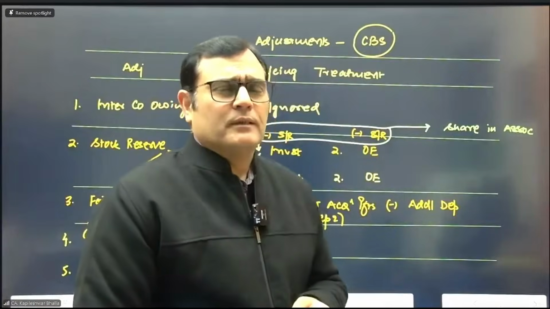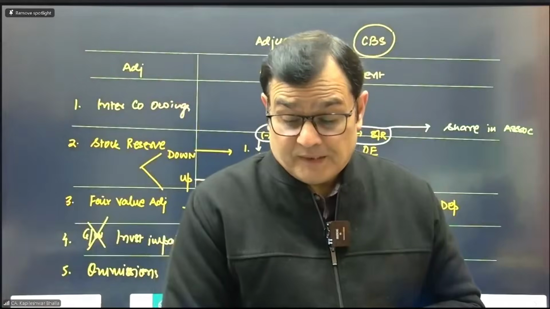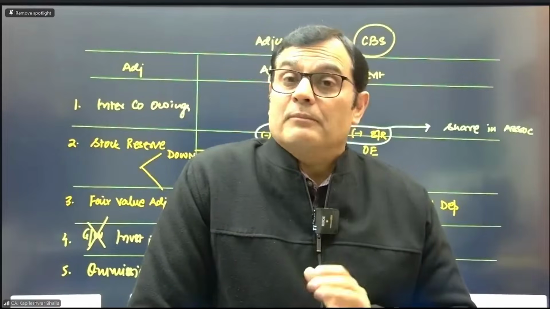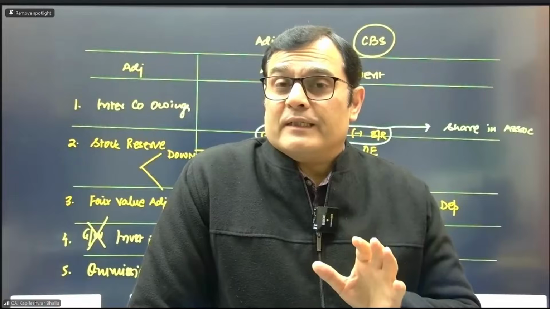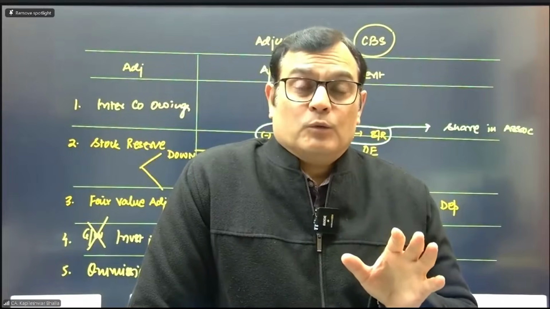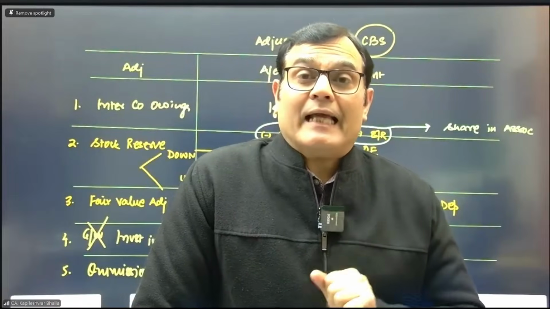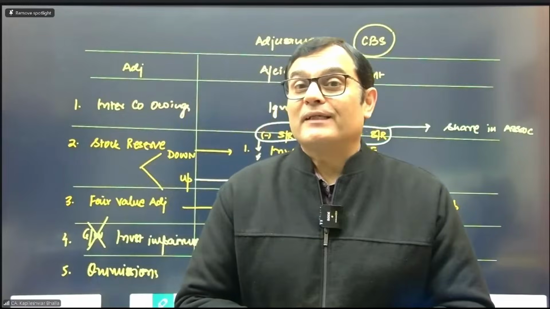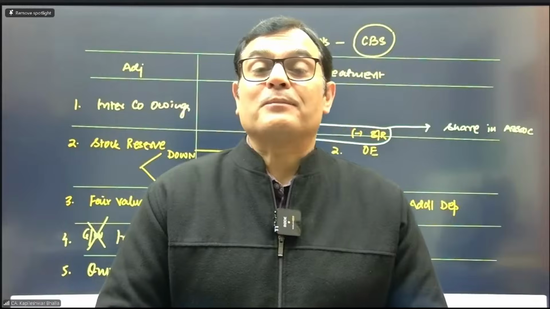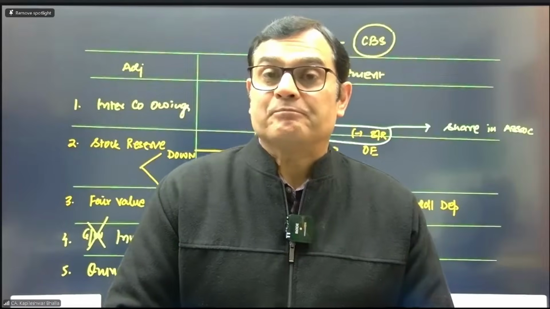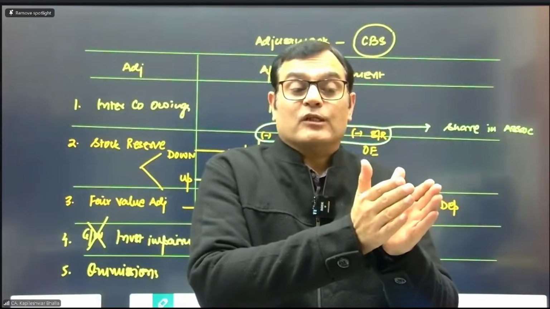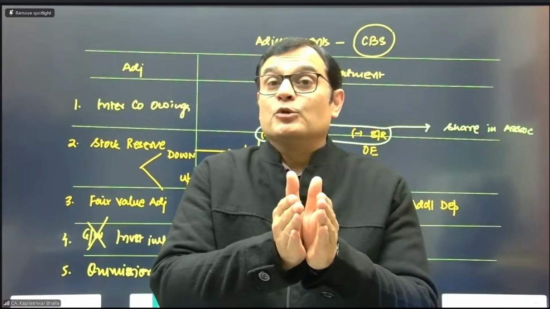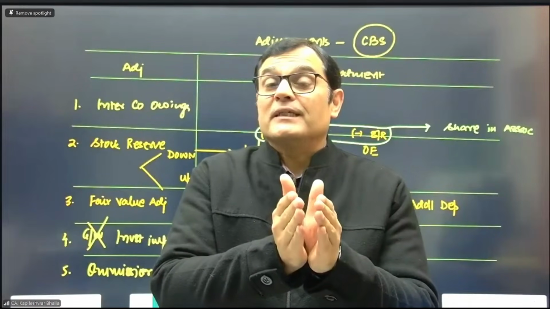Now we're in a position to do some independent questions. It's a little too early to say something, but if you get a comprehensive question containing a subsidiary and an associate both, technically you will end up applying the 7-step model for the subsidiary and the associate independently. You get the date of acquisition and the percentages for the subsidiary and associate. You do the analysis of equity of the subsidiary and associate.